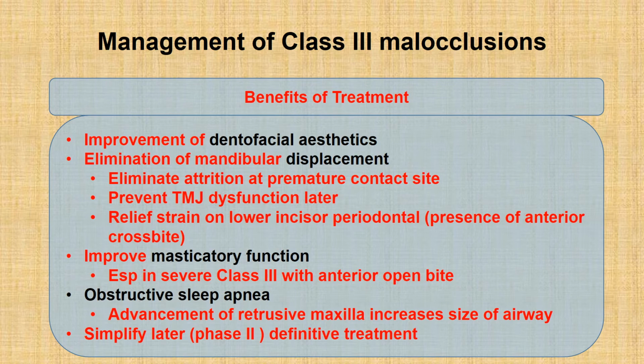Obstructive sleep apnea may also benefit from treatment of the malocclusion, because a retrusive maxilla reduces the size of the airway, and correcting this by advancing the maxilla increases the size of the airway and may bring about relief in obstructive sleep apnea cases. Early treatment of class 3 malocclusions may also simplify later definitive treatment.